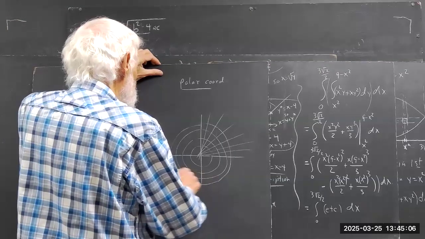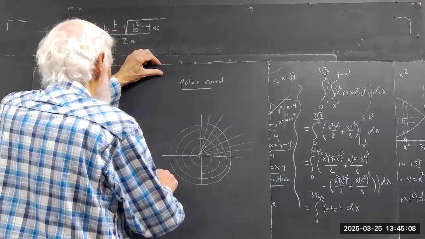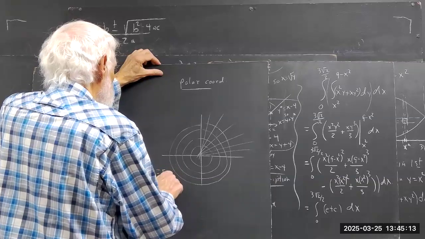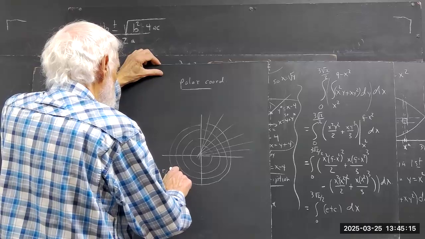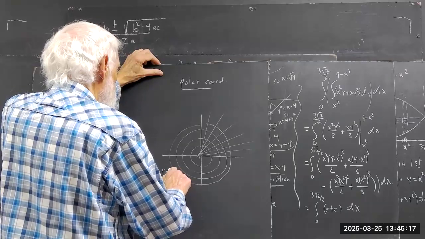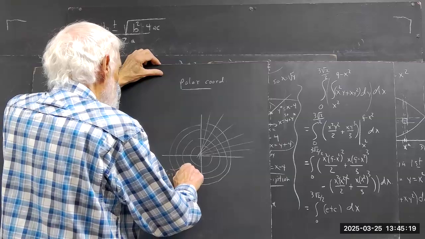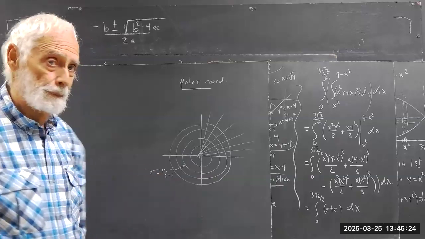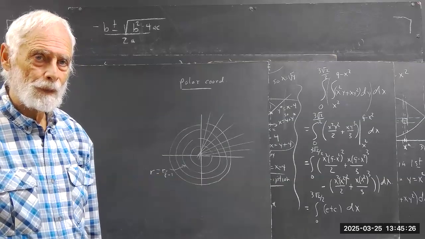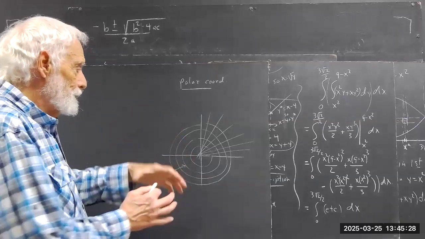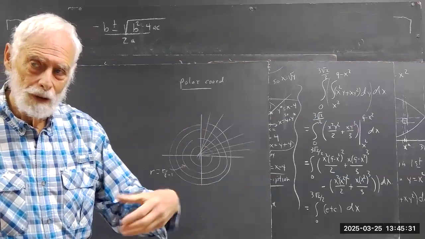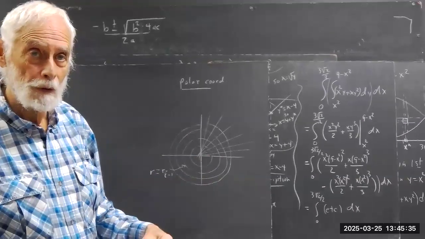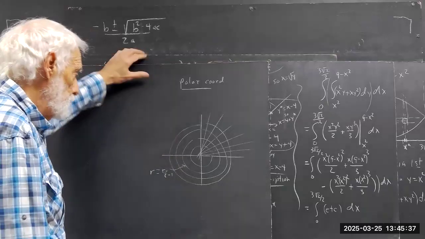Let's just say that this circle here is the circle r equals r sub i minus 1. Now you can imagine there are a bunch more circles that are closer than these are, hundreds of them or whatever. But right now we're just going to represent typically.